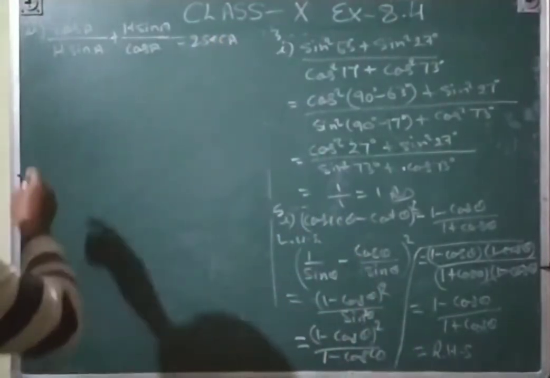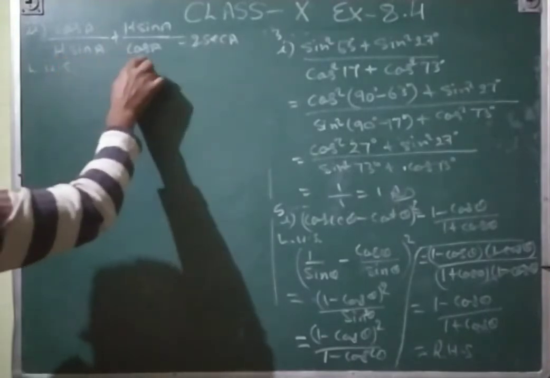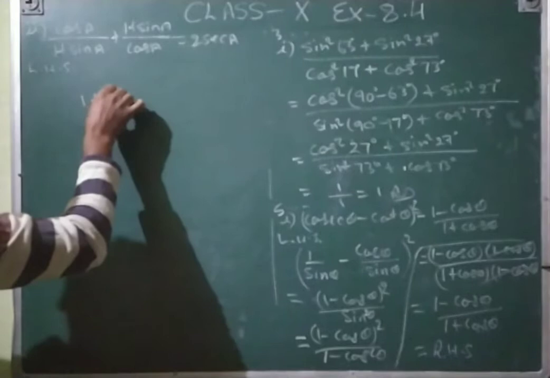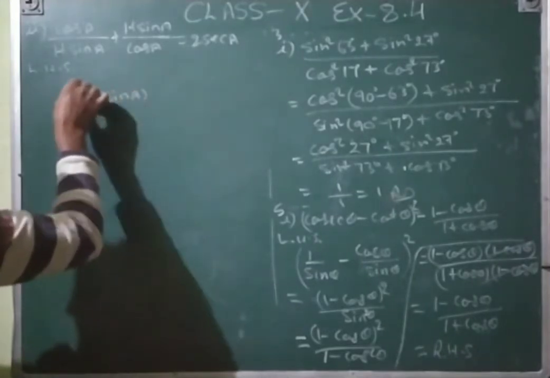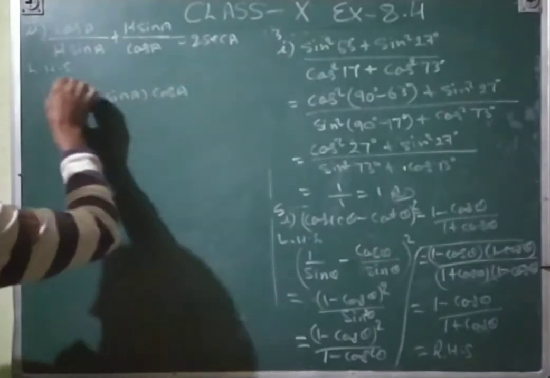So by left hand side, that is a LCM 1 plus sin A and then cos A. This is the LCM.